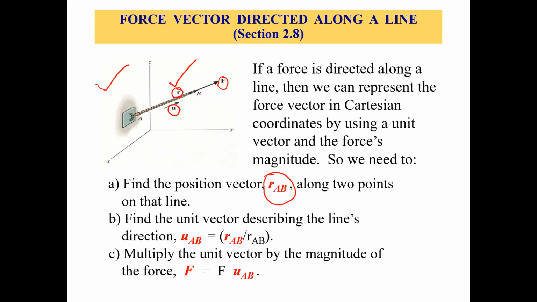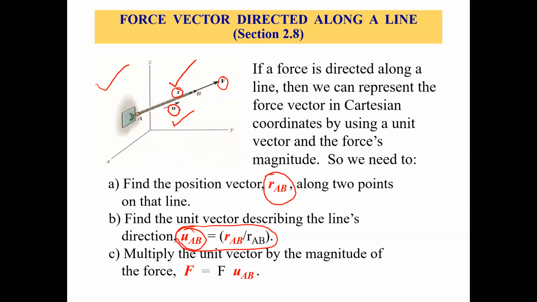Next step, find the unit vector describing the line's direction. We'll determine this small u, which is the unit vector. This UAB is the unit vector for line AB, from A towards B. How do we get UAB? We use this equation: UAB equals RAB divided by the magnitude of RAB.